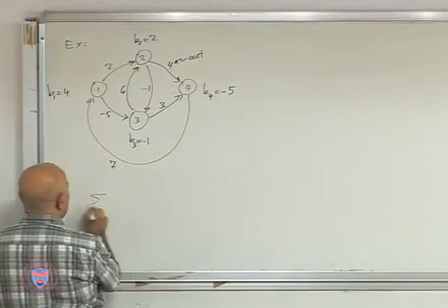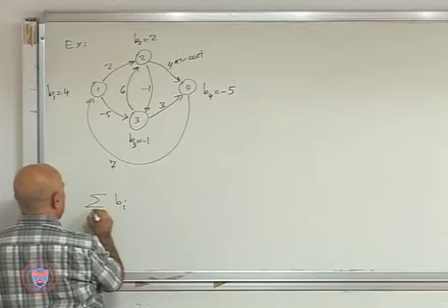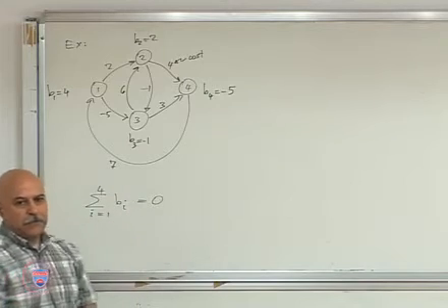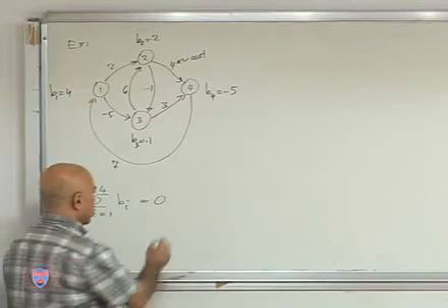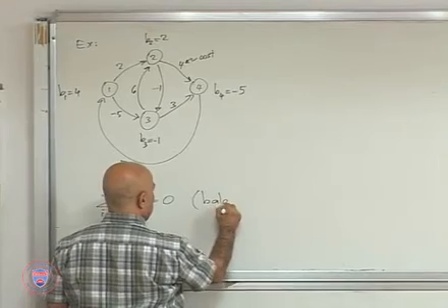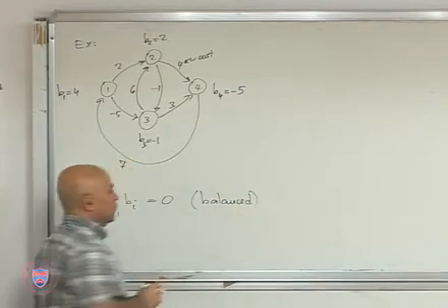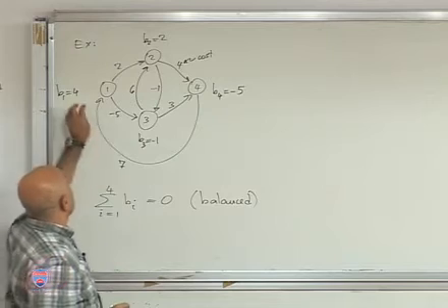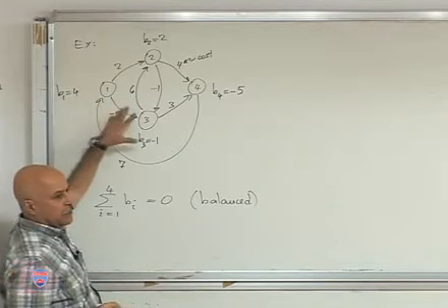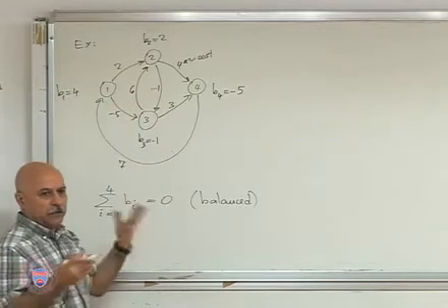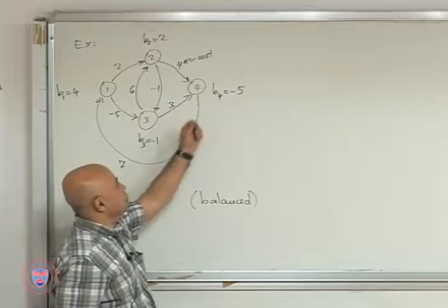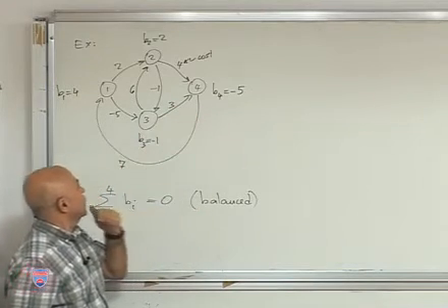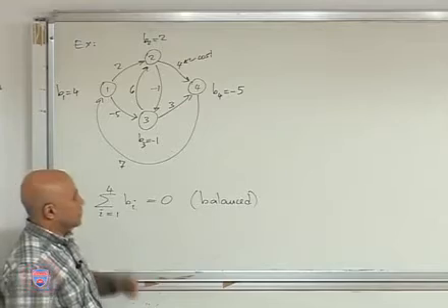Okay, in this example, if you look at the sum of the bi's going from 1 to 4, they add up to 0. This is the balanced version of the problem. In other words, the total supply made available to the network at the sources is equal to the total demand required at the sinks.